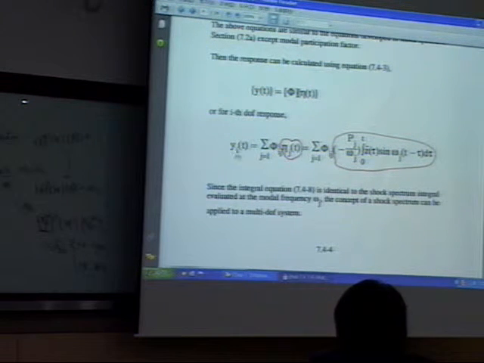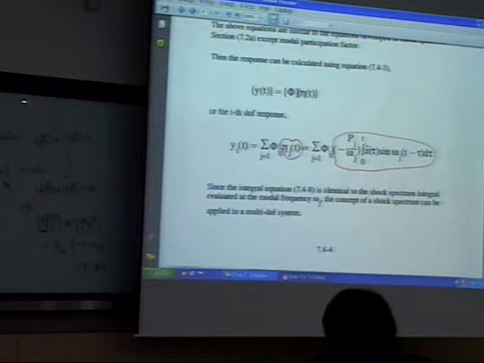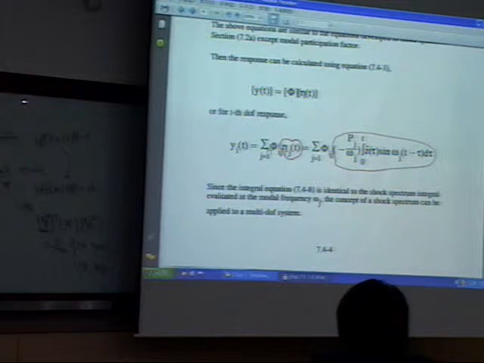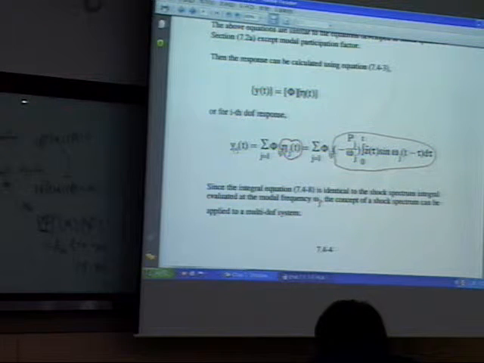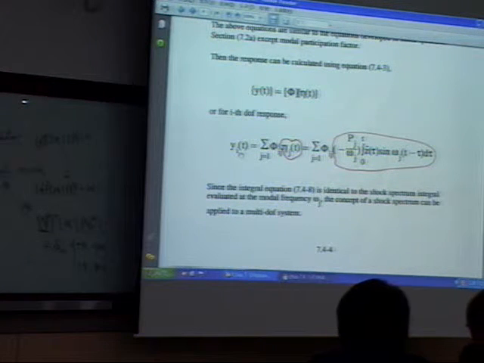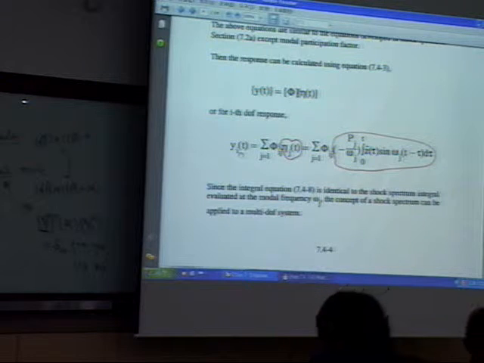And this is the principle of superposition, the summation of all the modal contributions to the total response in every degree of freedom, shown here.